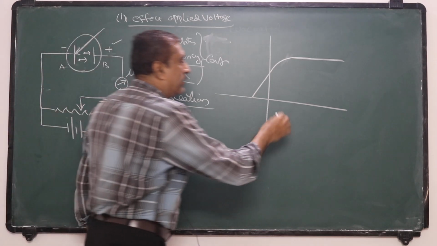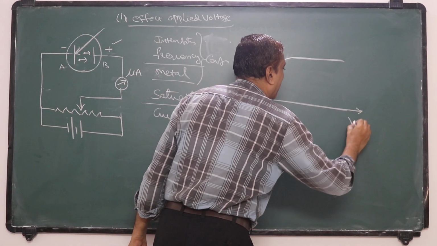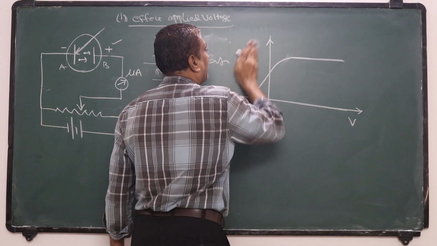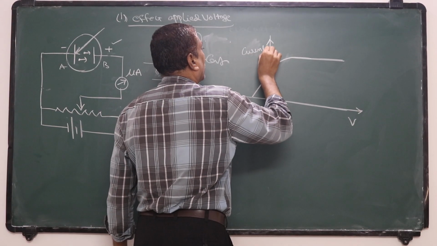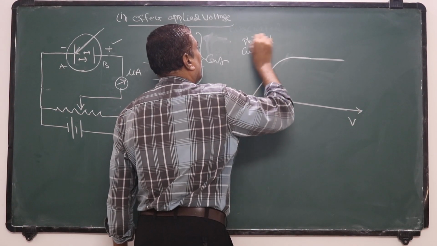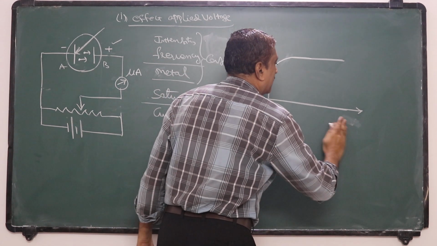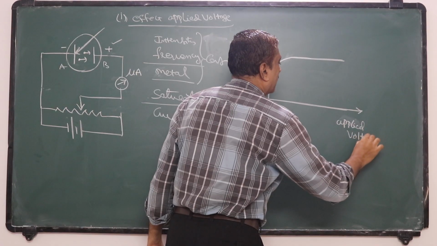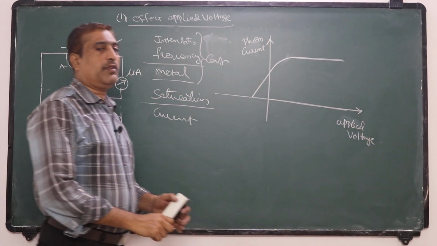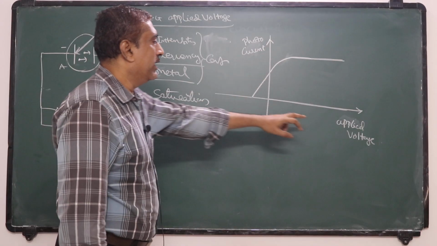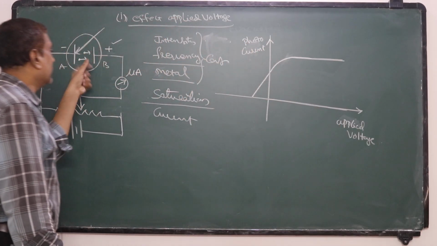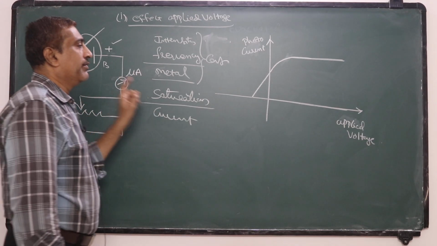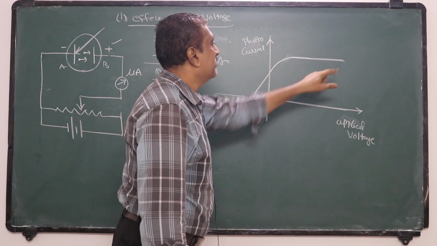Now if we draw a graph between the applied voltage on the x-axis and photocurrent on the y-axis, that means the applied voltage and the reading of this current meter, the graph is like this.